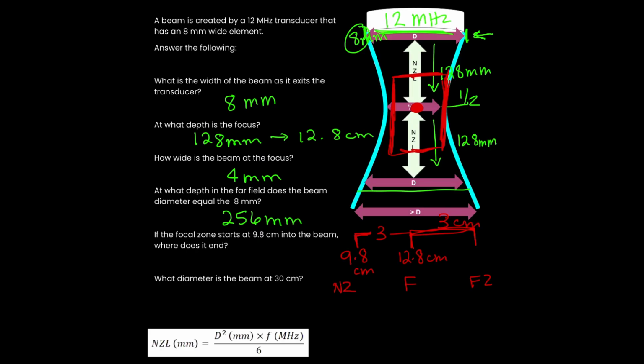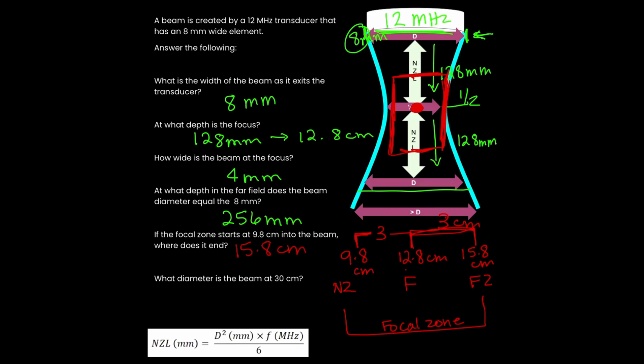So we can take 3 and add it to 12.8 to get 15.8 centimeters. So our focus is 12.8 centimeters in, and our focal zone expands from 9.8 centimeters to 15.8 centimeters for that focal zone. So that is our answer for this one.